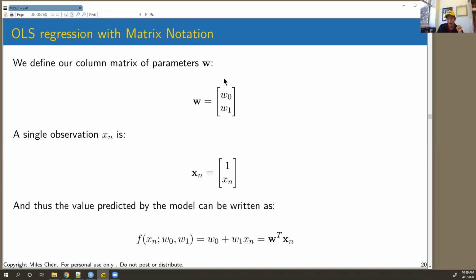So if I express my W like this, and one observation x of n looks like this, then the value predicted by our linear regression line, which is the intercept plus the slope times x, can be expressed as W transpose xn.